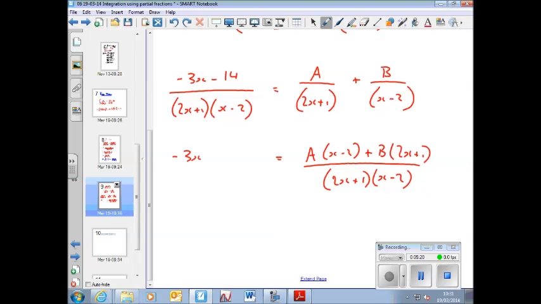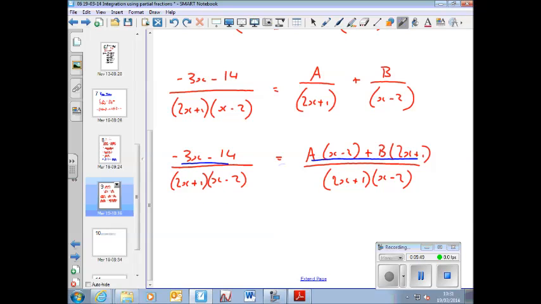This means that minus 3x minus 14 over 2x plus 1 times x minus 2 equals that. Now we look at this and we say the denominators on both sides are the same. So because they're equal to each other, the numerators must be the same as well.